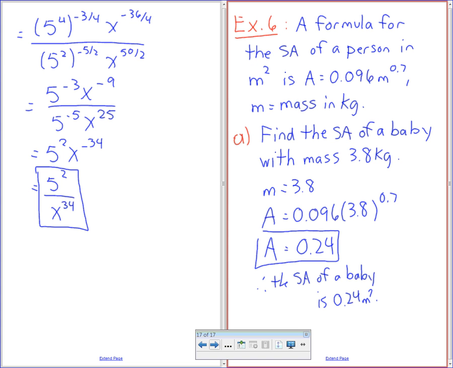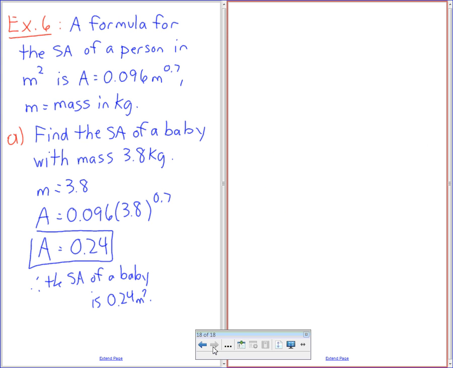Okay, now let's go to example B. Calculate the surface area of Shaquille O'Neal. If you don't know who Shaquille O'Neal is, that's fine. He is a former basketball player who was enormous.